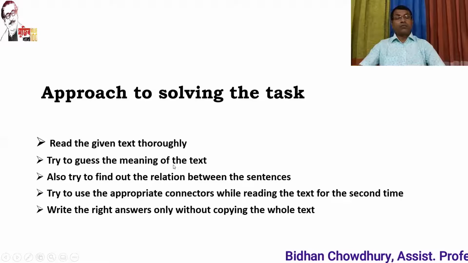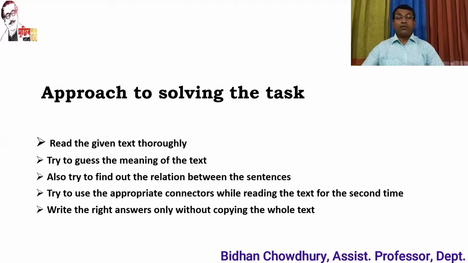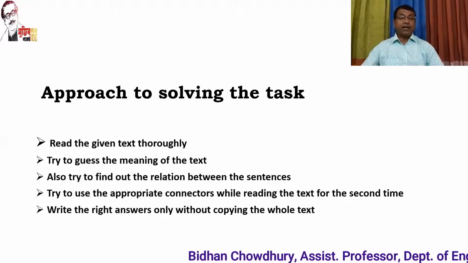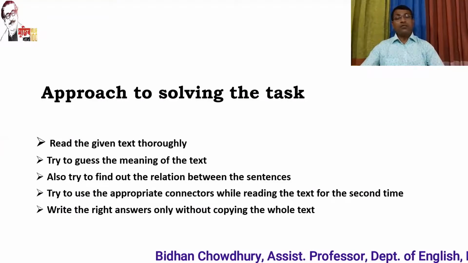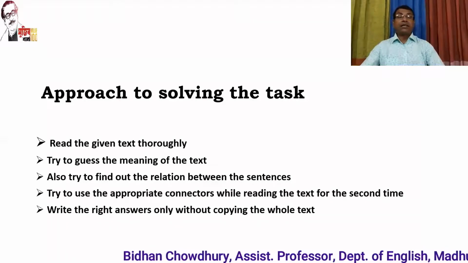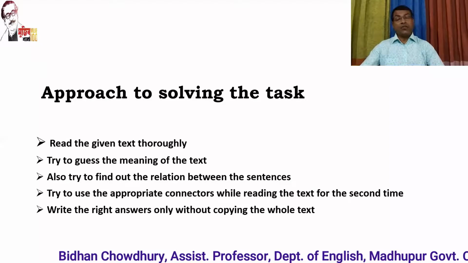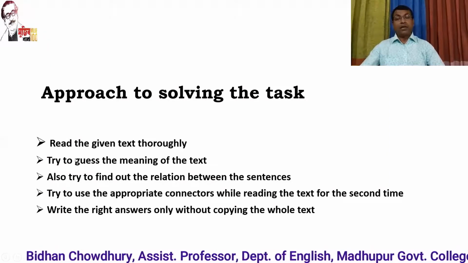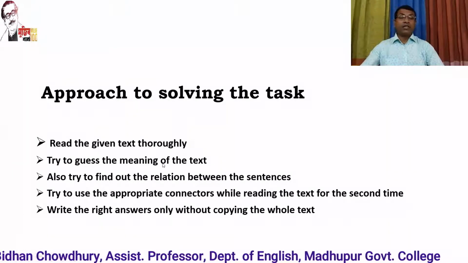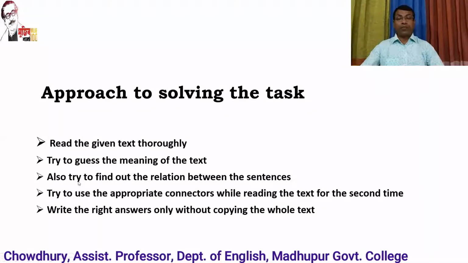It is very important. Students must know the meaning of the text. If he fails to make out the meaning, then it may not be possible to use the right connector in the right place. So, understanding the meaning of the text is very important.